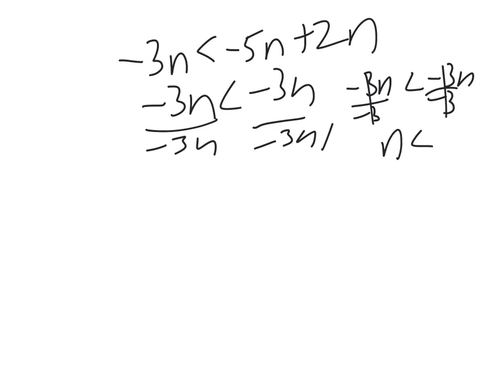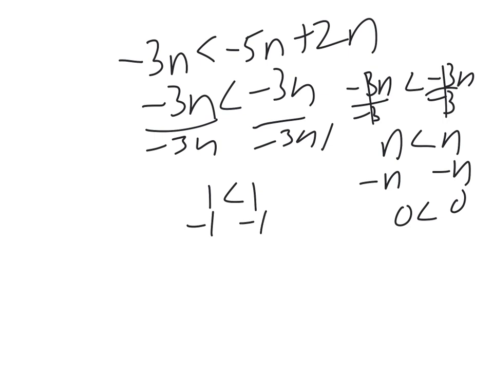It's going to get n is less than n. Or if you do it this way, you're going to get 1 is less than 1. Both are correct, because they simplify to the same thing. You can do minus n and get 0 less than 0. Same thing here, minus 1, you get 0 less than 0.